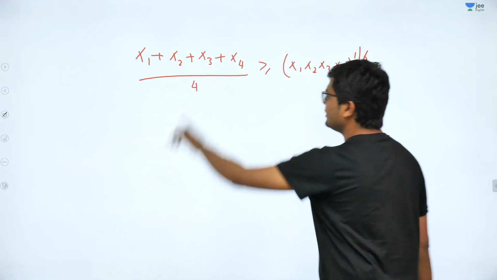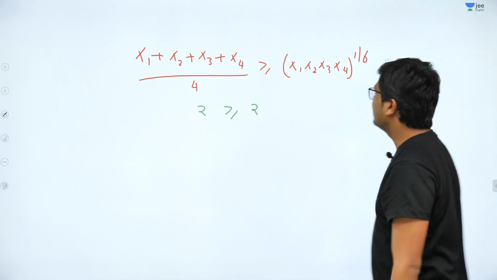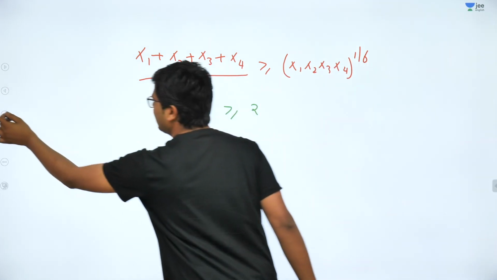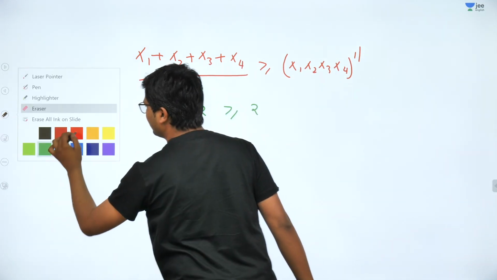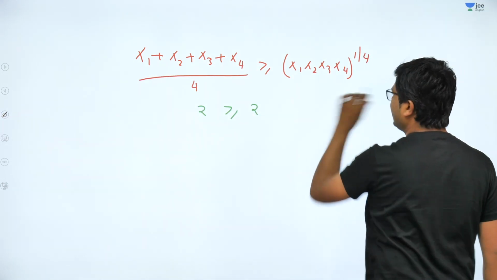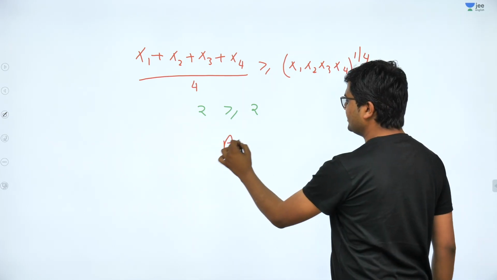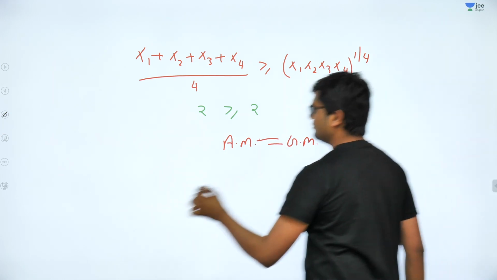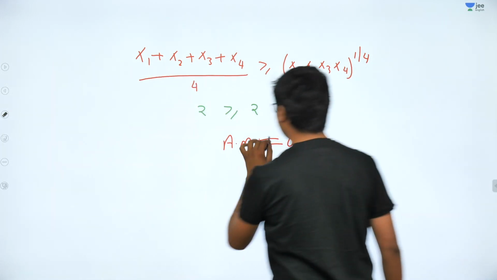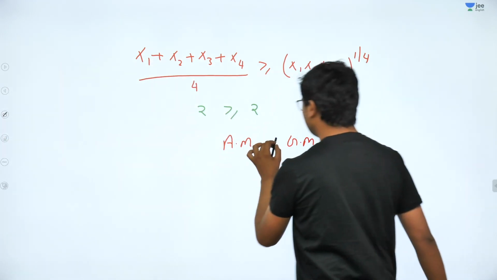But in this situation it is 8 upon 4, which is 2, and 2 is greater than or equal to the 4th root of 16, that is 16 to the power 1 by 4. So AM is equal to GM, that is the conclusion.